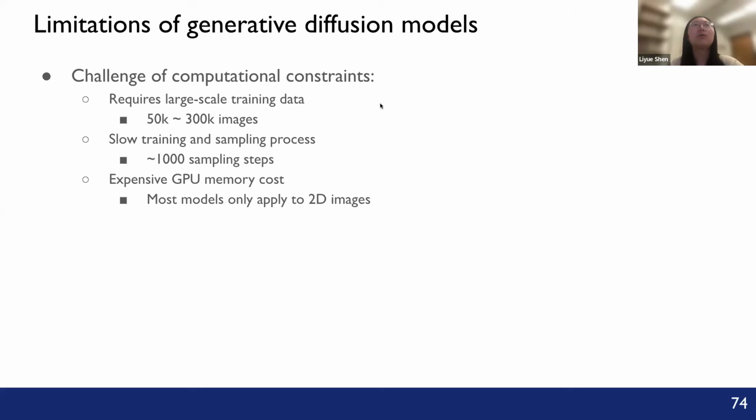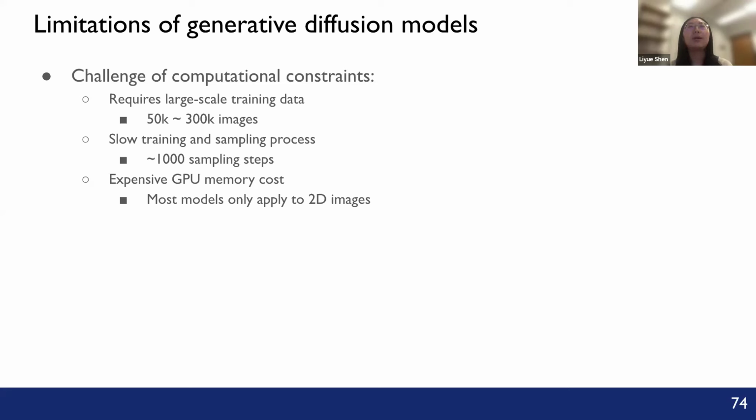Usually we require very large-scale training data to train a good diffusion prior. Also, in both the sampling and training processes, the diffusion model's time efficiency is not as good as previous methods like GANs or VAEs for generation.